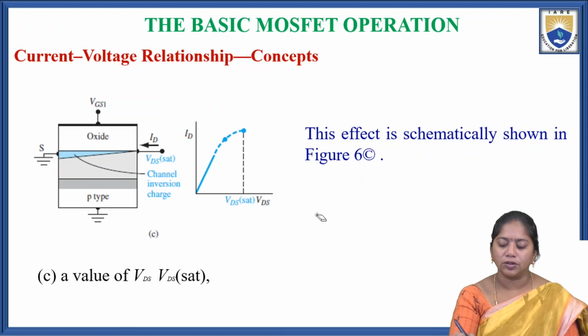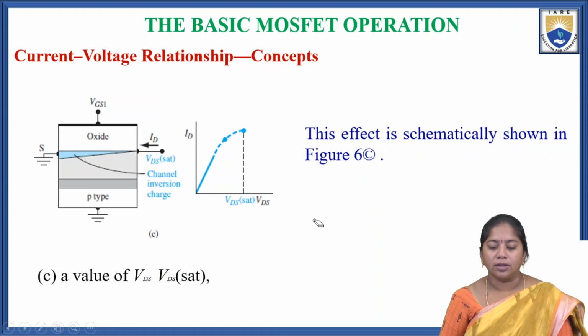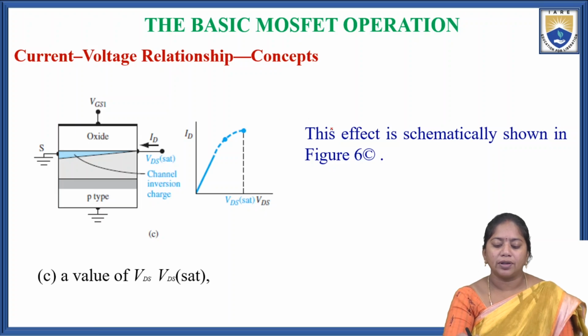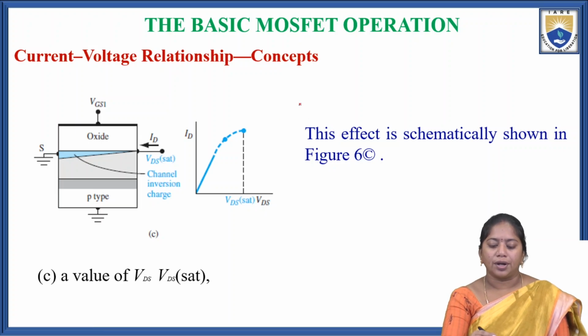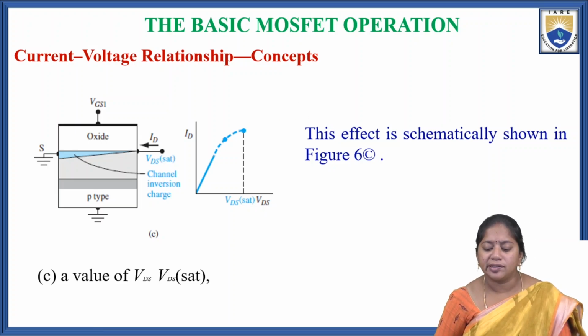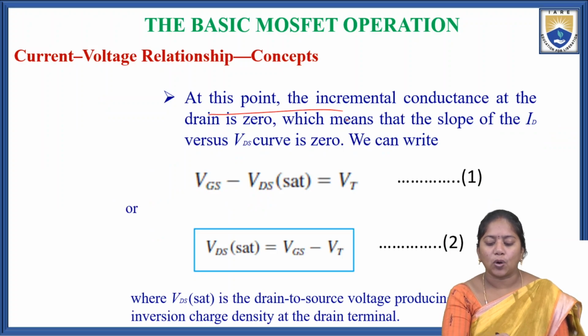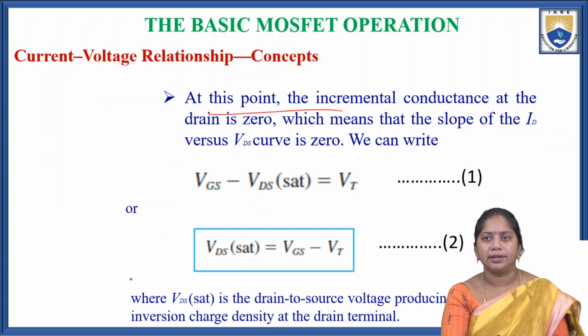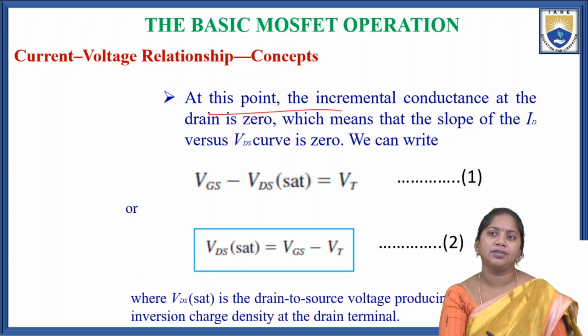If VDS equals VDS saturation, then the curve will be saturated. So the ID versus VDS curve will be saturated. At this point, the incremental conductance at the drain is 0, which means that the slope of the ID versus VDS curve is 0.